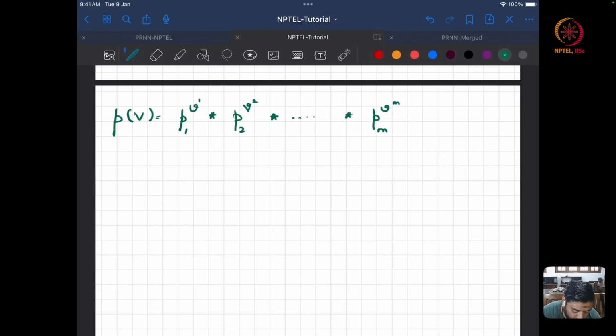Now you can write this as a product over i equal to 1 to m of pi to the power vi. Here pi is representing the mass, and vi, which element is 1, is what it is representing. Okay. So I assume that the notations are comfortable.